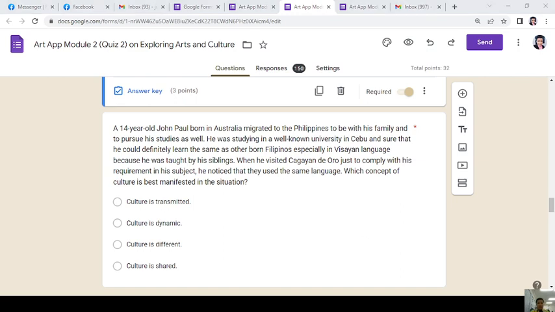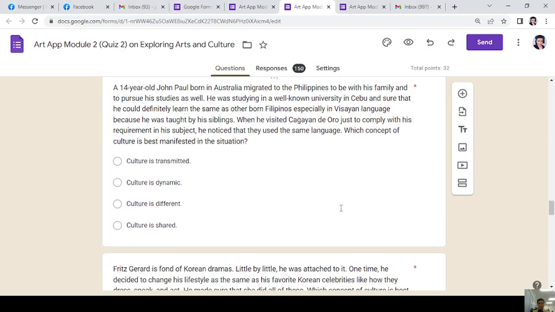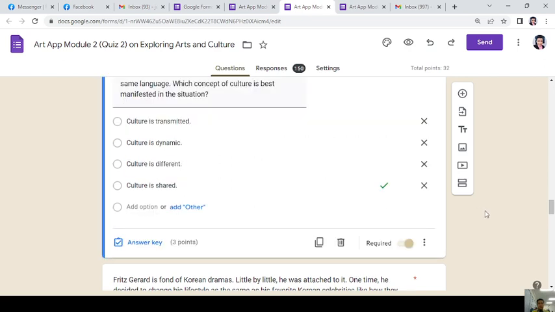He noticed that they use the same language. Which concept of culture is being manifested in the situation? So they share both culture.